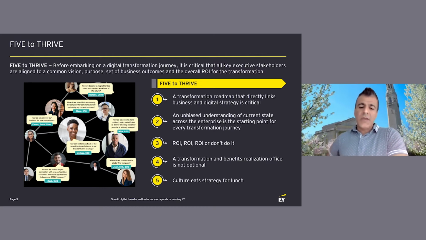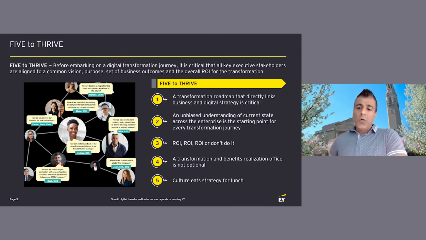There are 5 key themes that have emerged, what we call 5 to thrive, just to keep things simple given the limited time we have today, that I'll walk through. The number one theme is a transformation roadmap that is enterprise-wide and links the business and the digital strategy, which is typically missing as we talk to companies that have taken on a digital transformation journey.